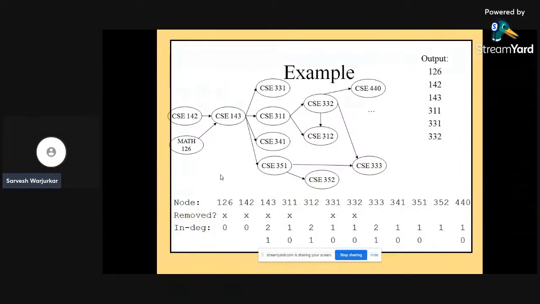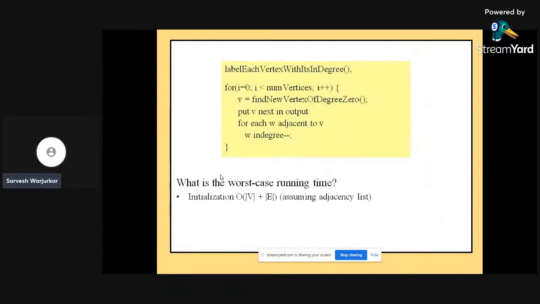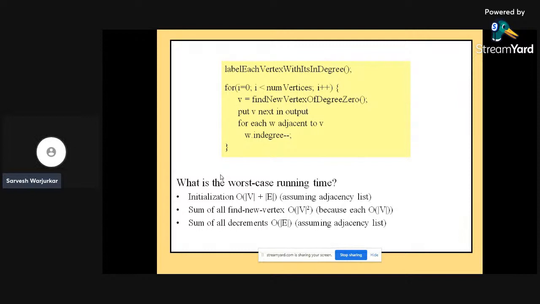Then 332, then 312, since it can connect with three different nodes. 332 has three different out-degrees: one going to 440, another going to 312, another going to 333. So we keep it in that manner in terms of breadth first search, and then 351, 353, and so on, like this.